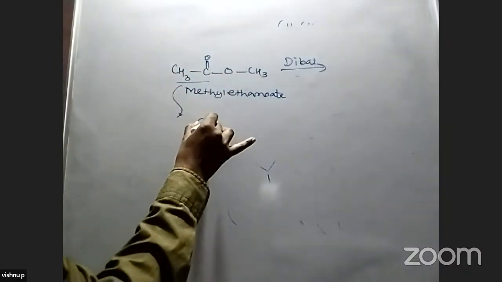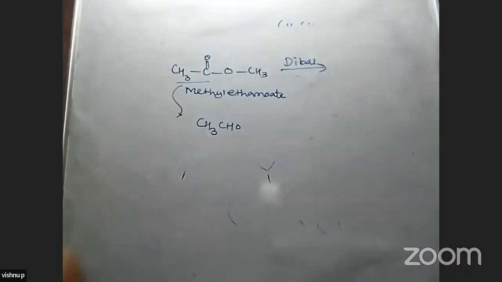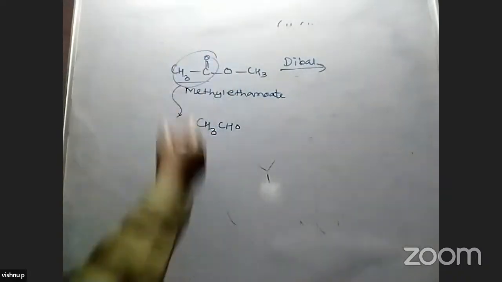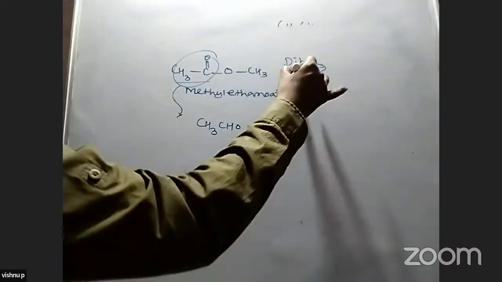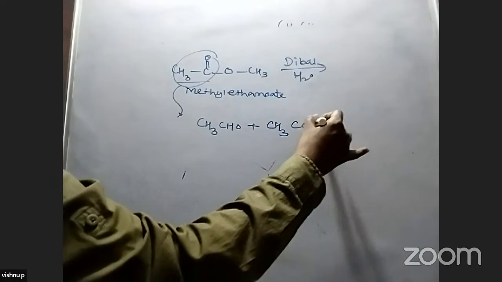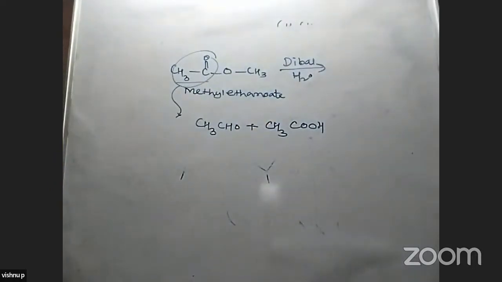This compound is CH3CHO, formed in this reaction. The ester also gives the aldehyde group. This part is formed in this, and the remaining part in the presence of water is converted into carboxylic acid. So we get this compound.